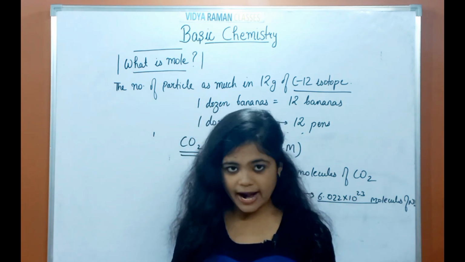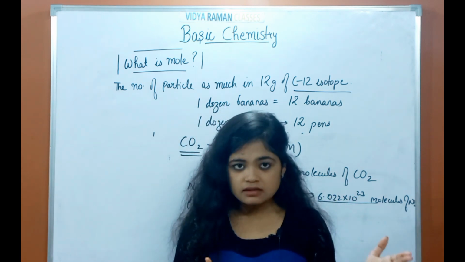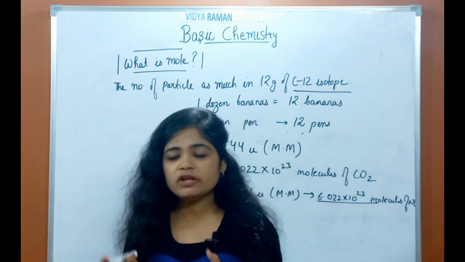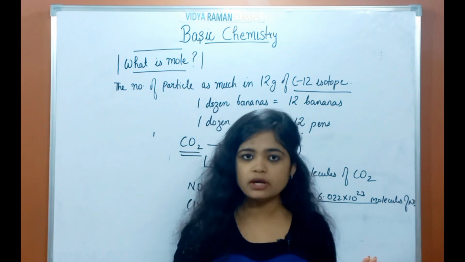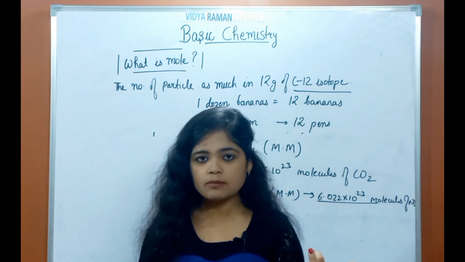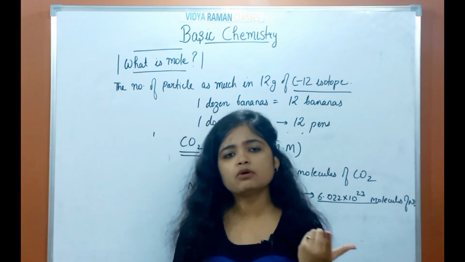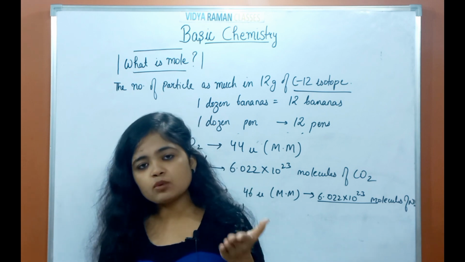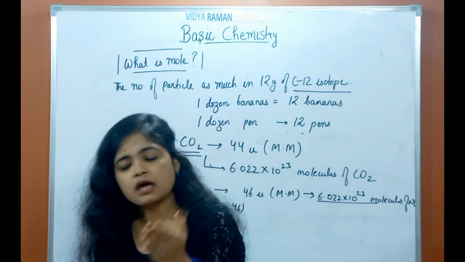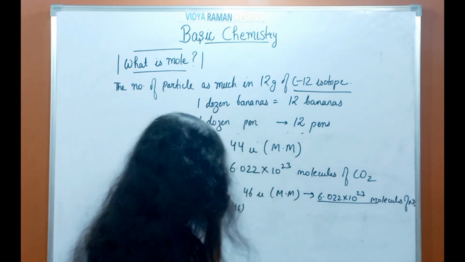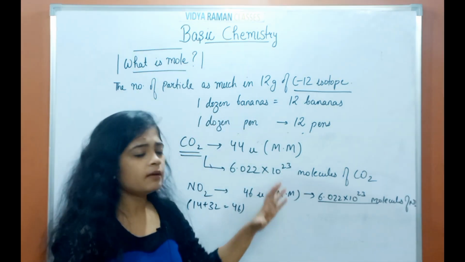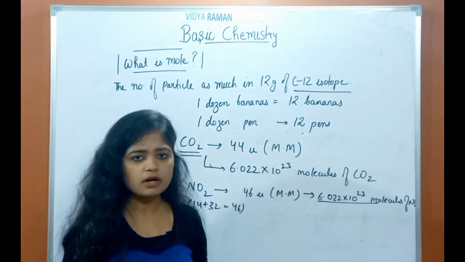If I am talking about an atom, a mass equal to its atomic mass will contain the Avogadro number of atoms. Similarly for an ionic compound, if I am talking about ions, a mass equal to its ionic mass or formula mass will contain the Avogadro number of ions. That is all about the mass relation and the number of atoms or molecules.